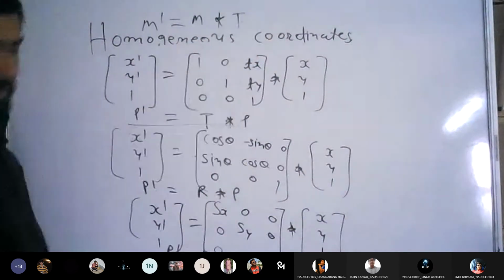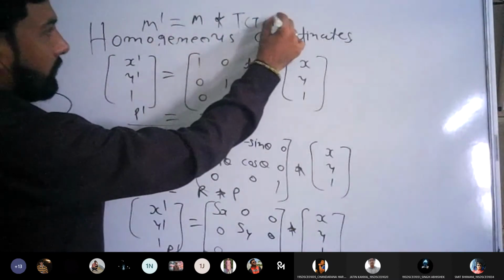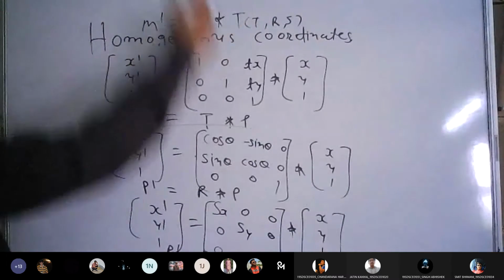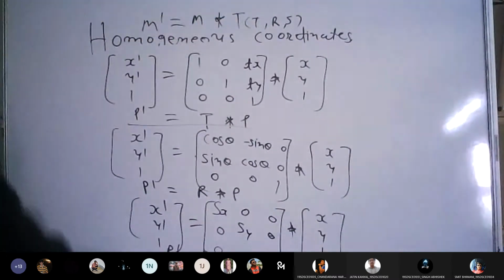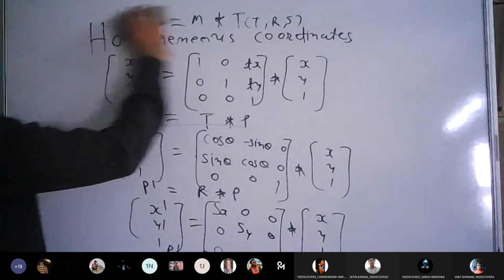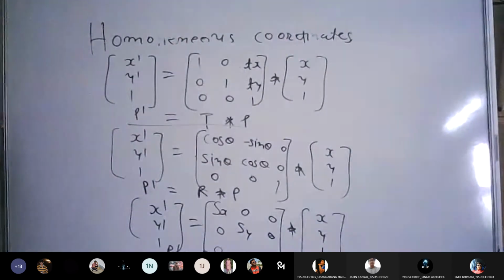Let me go with t only. m' is m into t. So here it could be translation, rotation, or scaling. It could be anything. But the general equation for all three transformations is m' is m into t, something like that. But it is not needed, so to avoid confusion, I have not written it out. Otherwise, you can understand this concept like that also, but it is not needed for you. Fine.